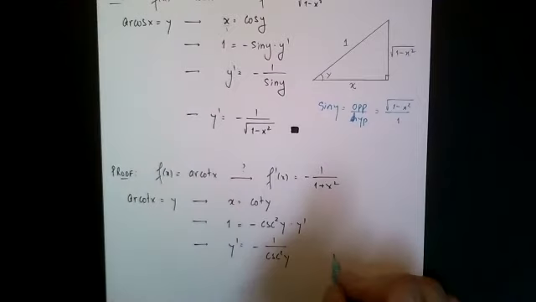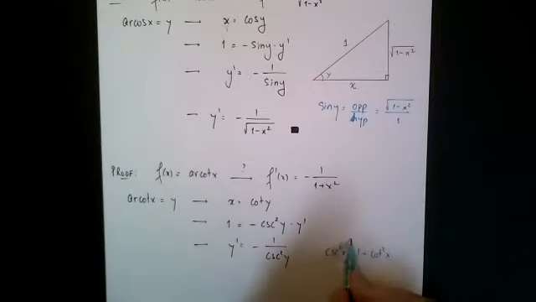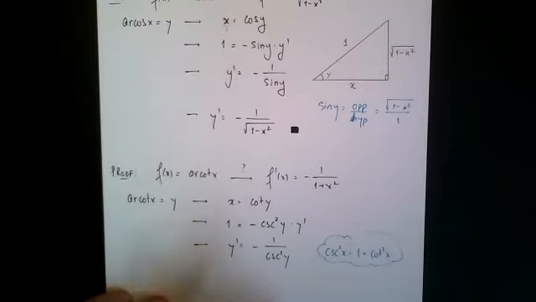Just a reminder that the cosecant squared of x is 1 plus the cotangent squared of x. So I'm going to use the identity right here. So y prime is negative 1 over 1 plus cotangent squared y.